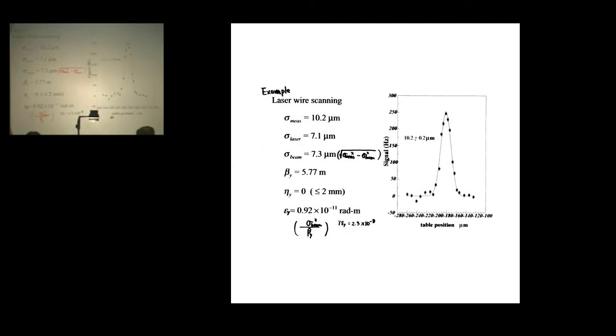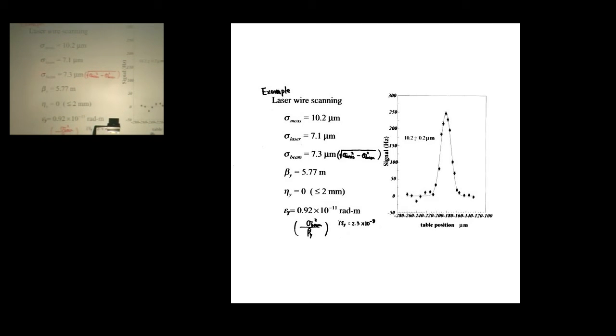This shows the signal rate as a function of table position. So in this case, the Gaussian fit says the sigma is 10.2 micron. And we know the size of the laser wire. Then we can calculate the size of the beam itself.